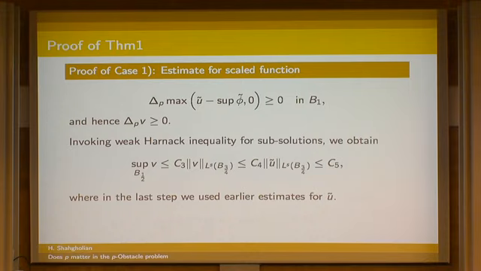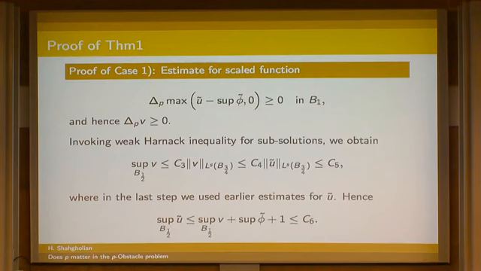Once you have that, the supremum of V is less than the L^s norm of it in a larger ball. This was already controlled by a constant, so V is bounded. But V is the scaled function, so you have this R with you.